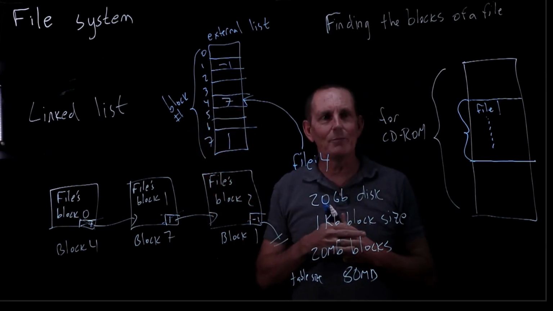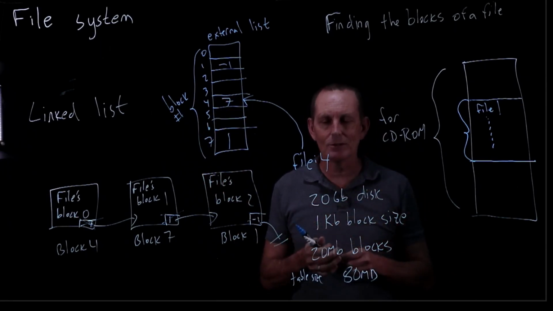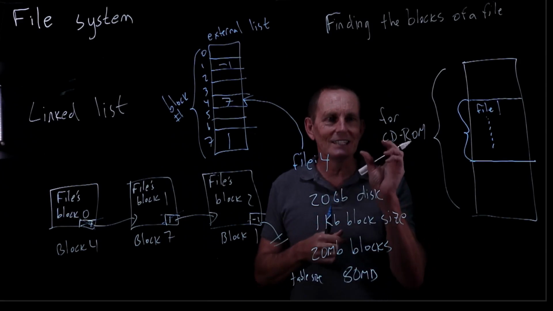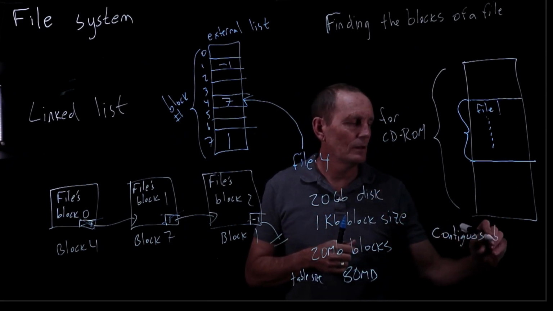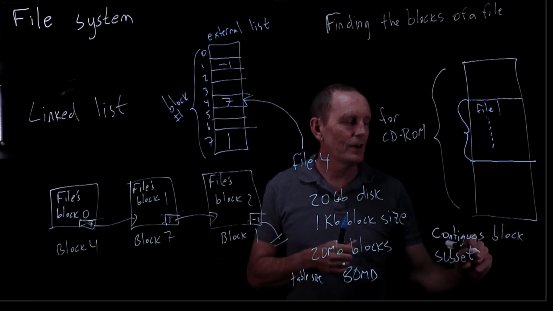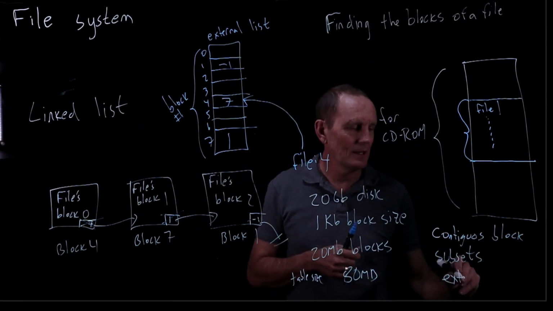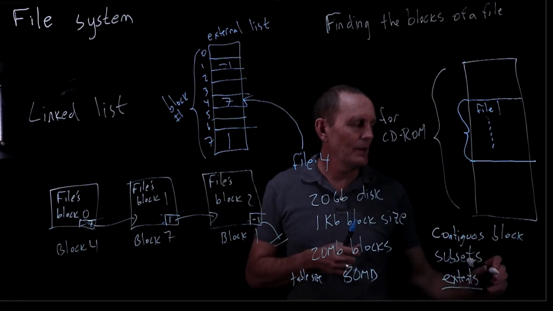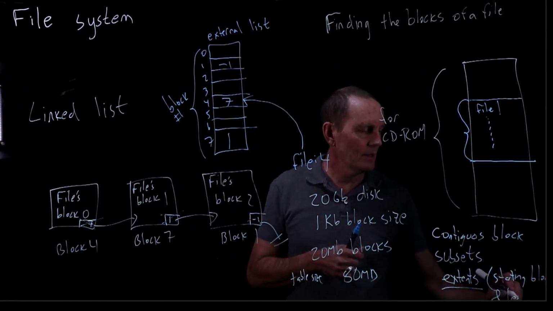So we have basically combinations of contiguous blocks and discontiguous blocks. These contiguous blocks, let's call them subsets of the entire file, are called extents. And basically, it's just a starting block number and a length.